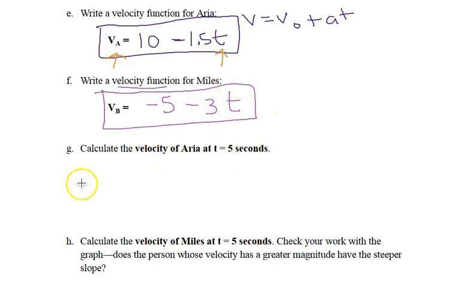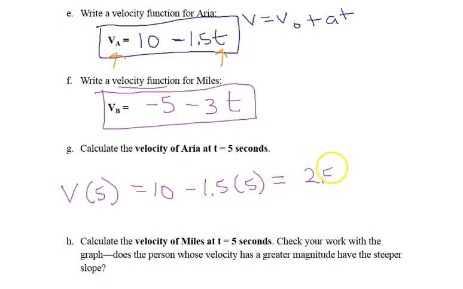All right, now we're going to see how fast she is going at 5. So we're going to evaluate the function at 5. So 10 minus 1.5 times 5 is 2.5 meters per second. And that makes sense because she's slowing down and she was going 10. Now she's going 2.5.